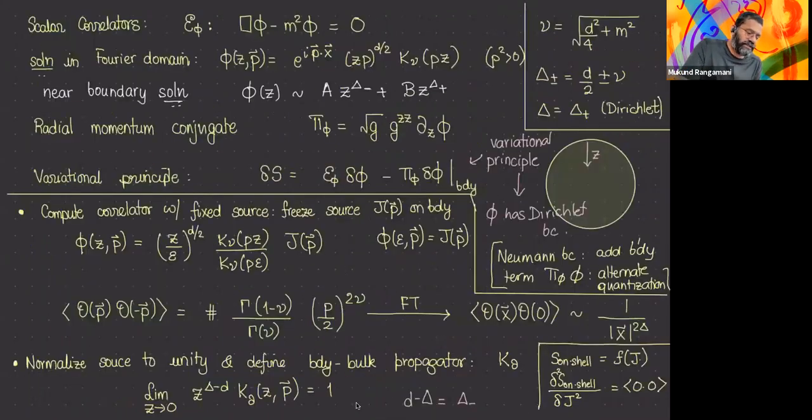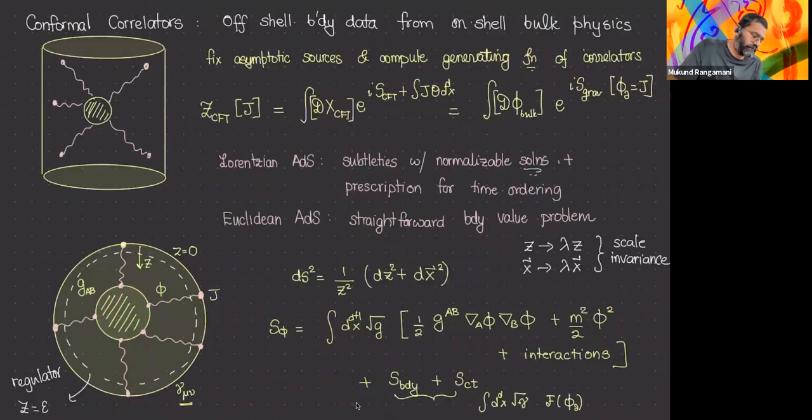Okay. Or you can do the following. You can go back to my action with the phi cubed term. So here you can imagine having an H phi cubed term, and you can plug in the solution obtained at quadratic order for the quadratic action. These two terms will go away.